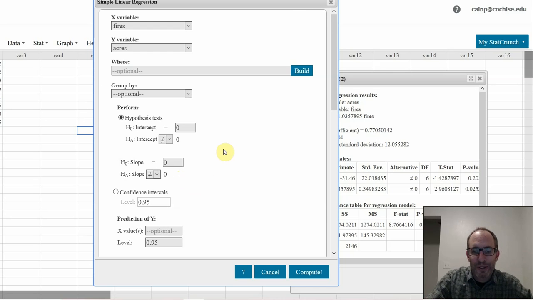The test for the intercept usually isn't terribly useful, but the test for the slope is the same as the test for the correlation. So where it says slope, just pretend it says correlation, or has a lowercase rho. Rho equals 0 for the null, rho not equal to 0 for the alternative. So yes, we already had it set up right.